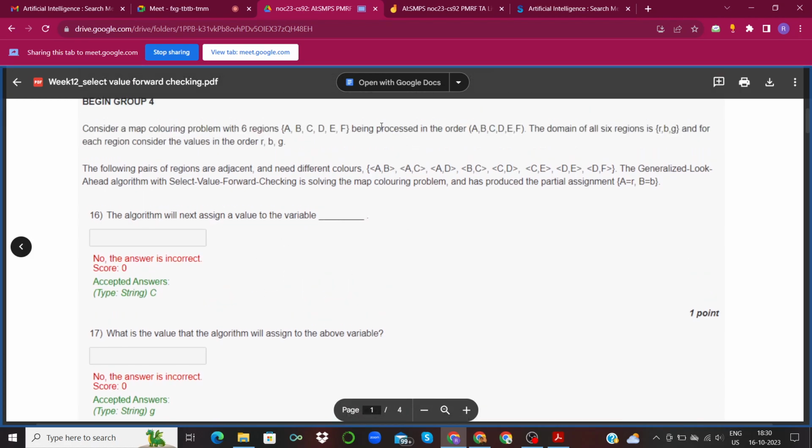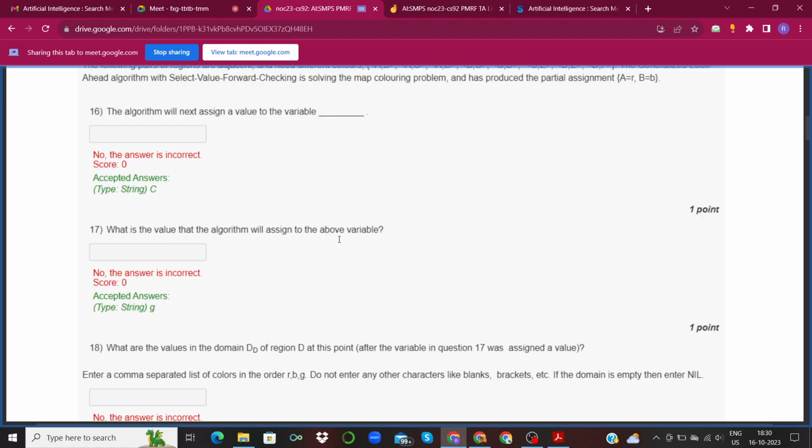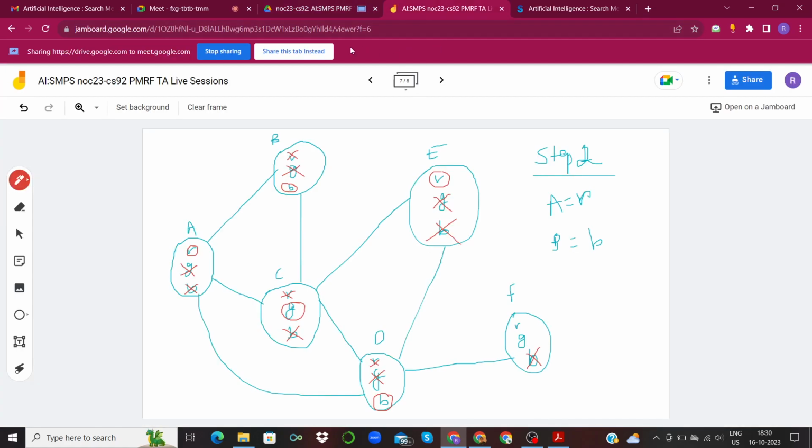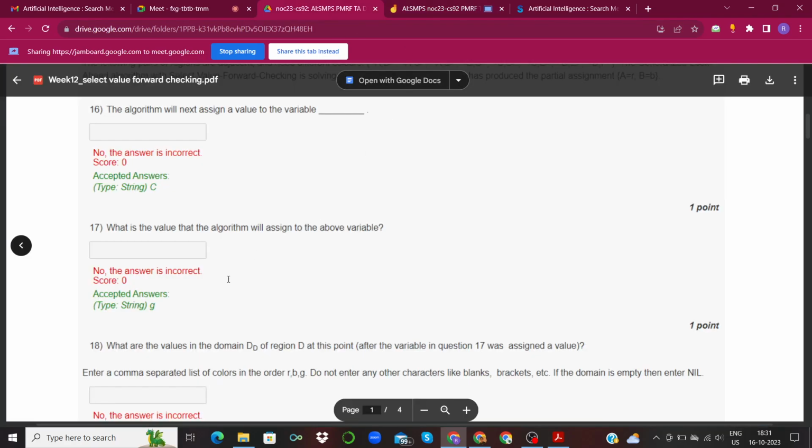Because we were given an order in which these variables are assigned values, and C is the next after A and B. What is the value that the algorithm will assign to the above variable? We just saw that C will be assigned G, right? So G will be the solution.